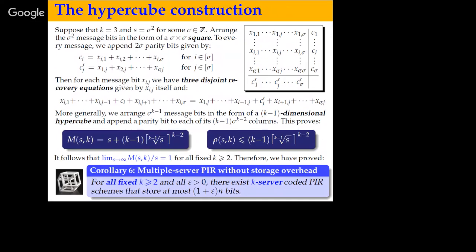And why is that true? All I have to do to prove this is to show that m over s, that ratio, will tend to 1 as s grows, or that rho over s will go to 0 as s grows.